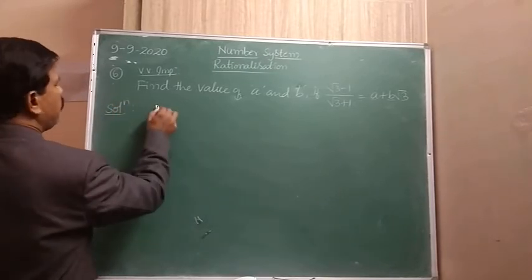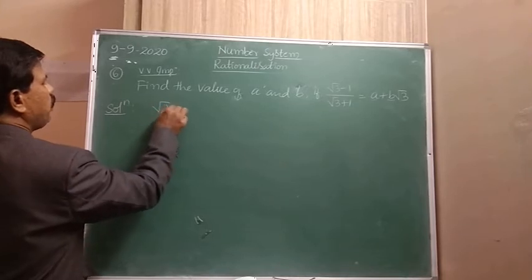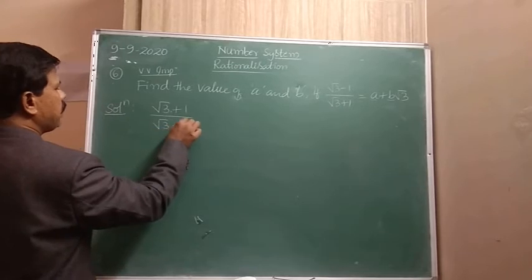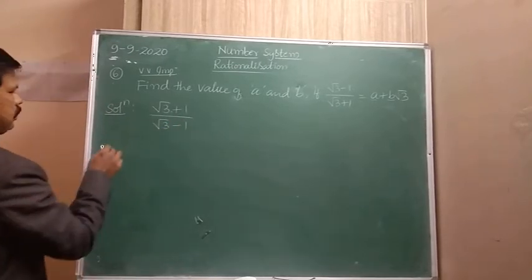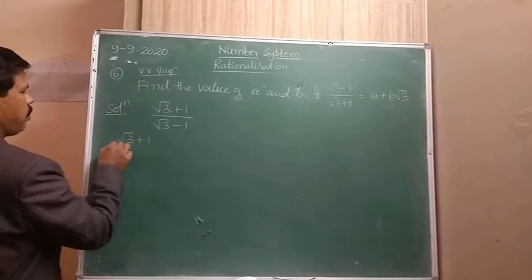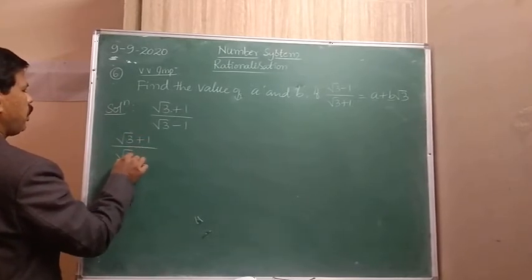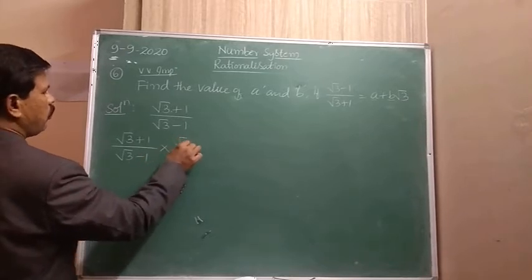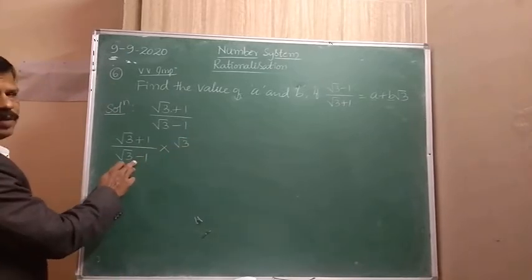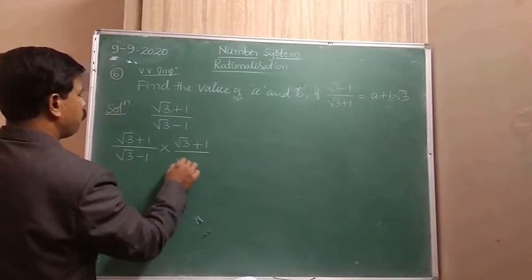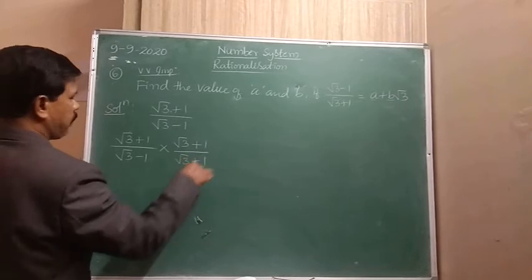Take the LHS: root 3 plus 1 by root 3 minus 1, into root 3 plus 1 by root 3 plus 1, since the RF of root 3 minus 1 is root 3 plus 1.